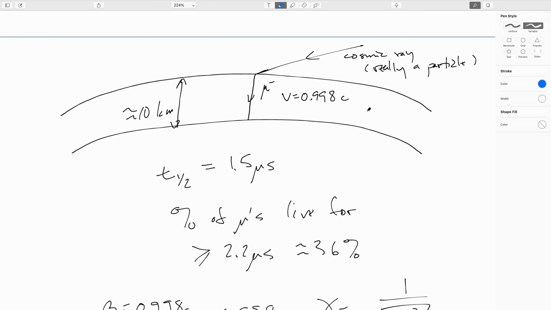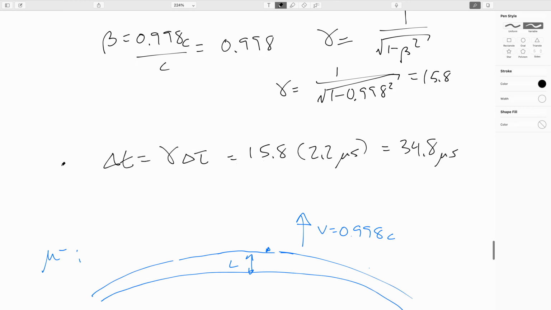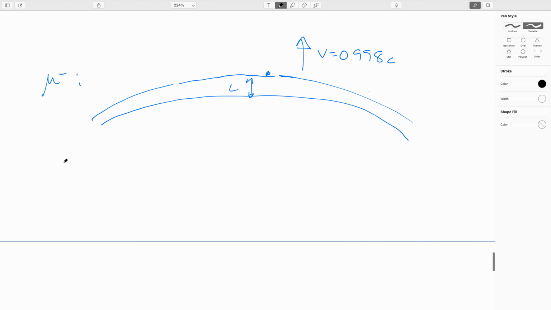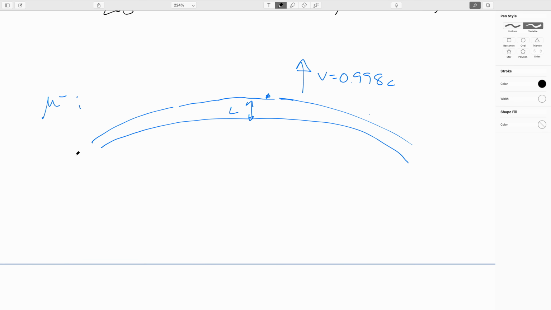So if this distance here, the proper length, is 10 kilometers, let's see what that works out to be in the muon's frame. So this contracted length is going to be the proper length over gamma. The proper length was 10,000 meters. Gamma is 15.8, to give us 632 meters.